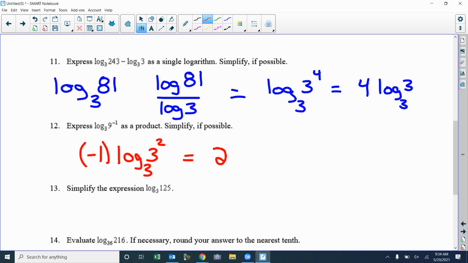So basically, we're gonna have 2 times -1 log base 3, 3. Of course, log base 3, 3 is 1. So this guy is just -2. Again, calculator can solve some of these without going through all that, but just showing you the math behind it. Sound good?